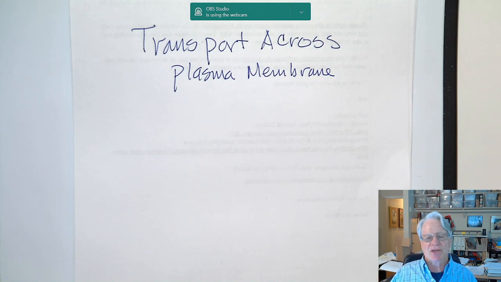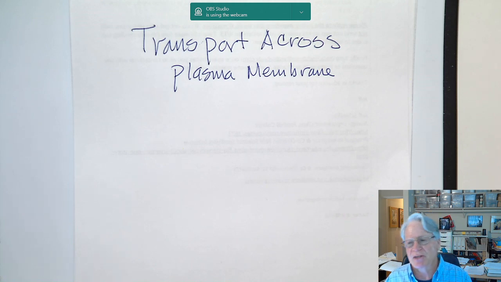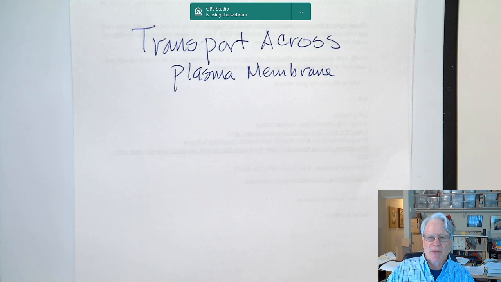The answer to that question is that your body cells, in order to be healthy, need certain things. And they need to get rid of certain things. So they need to get rid of waste products, carbon dioxide, hydrogen ions, a variety of things that accumulate in the cell as a result of normal metabolic activities.